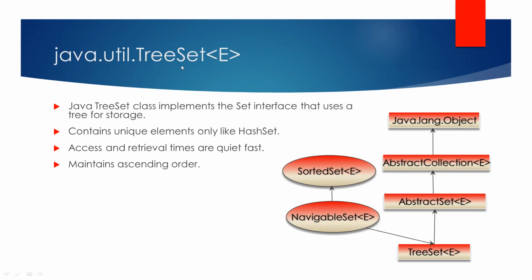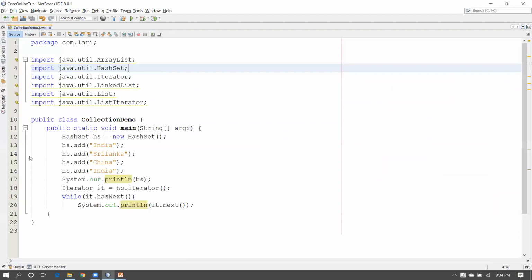So we can say that it is unordered but sorted. Unordered and sorted means, just look here.